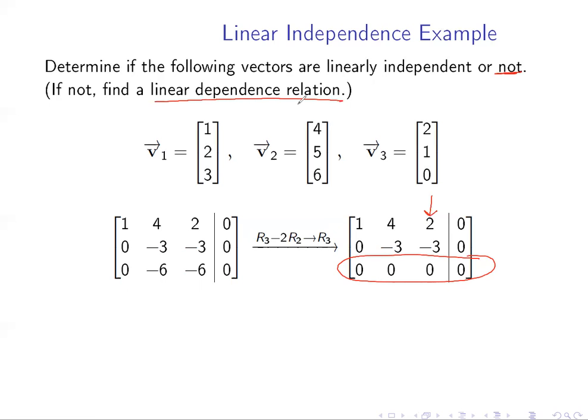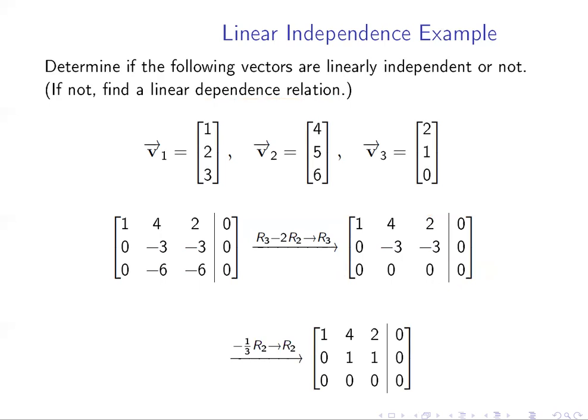We know that it is not linearly independent, but that means we now have to find a linear dependence relation. In other words, we need to find one non-trivial solution to this. So we need to continue doing row reduction to get the general form of the solution. What I would do is scale that whole second row by -1/3, so it's really easy to eliminate that 4 in row 1.